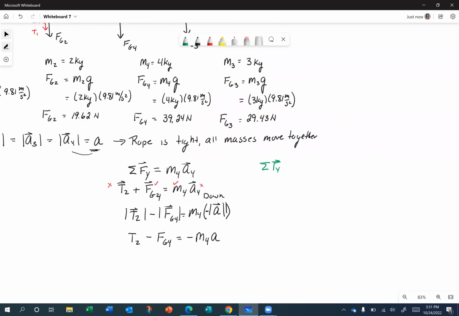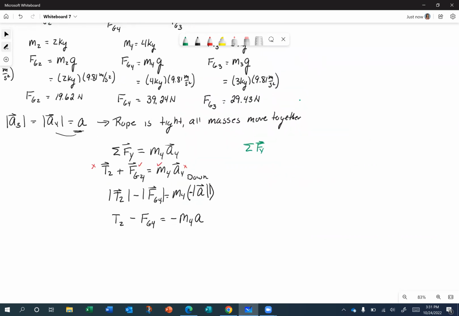For mass 3, the summation of forces equals mass 3 A3. So we will have T2 plus force of gravity 3 equals mass 3 acceleration 3.